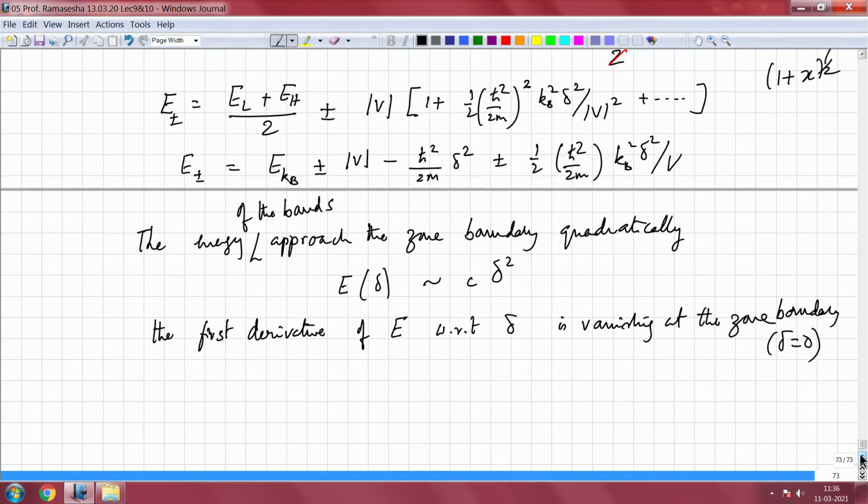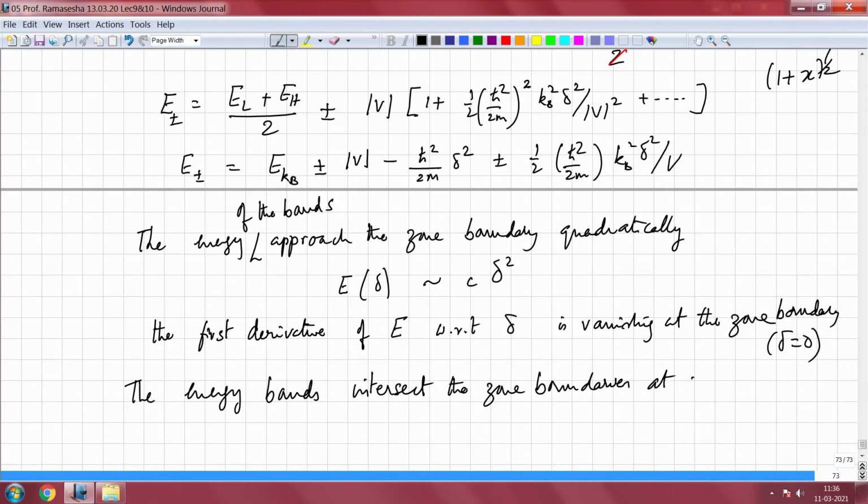So, when a curve intersects with a plane or with a line in a way that the slope is 0, it means that it is going to be perpendicular to the zone boundary. So, which means that the energy bands intersect the zone boundaries at right angles.